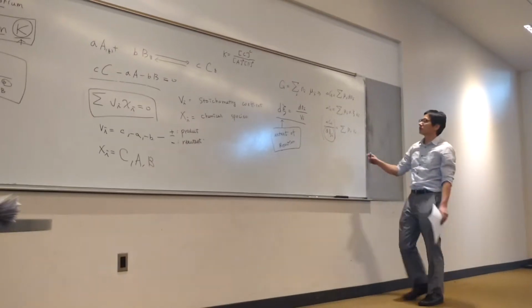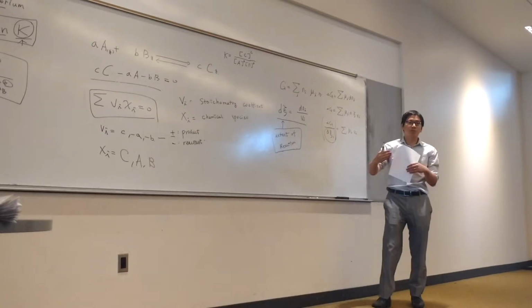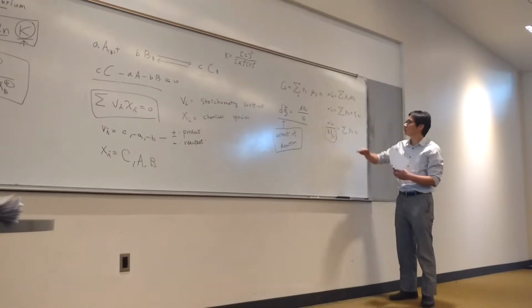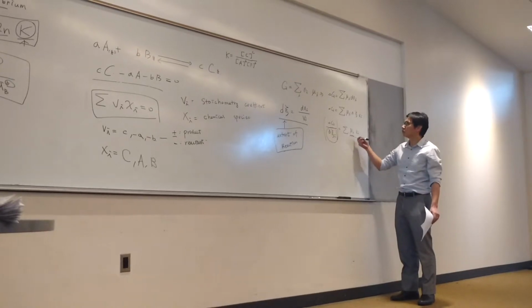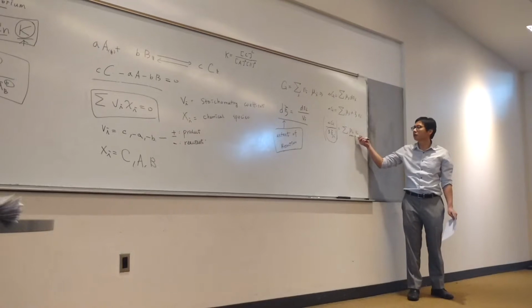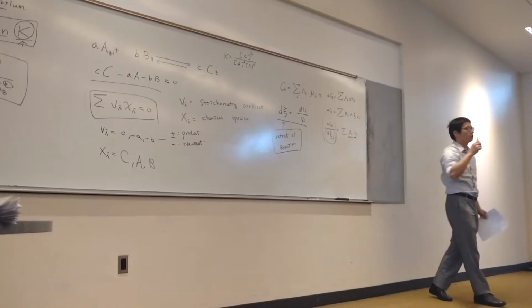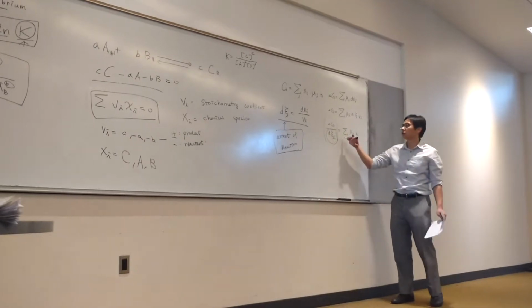This term relates to the chemical potential of each individual component times their stoichiometry coefficient. And if you sum them all up, that's the whole thing for your system.